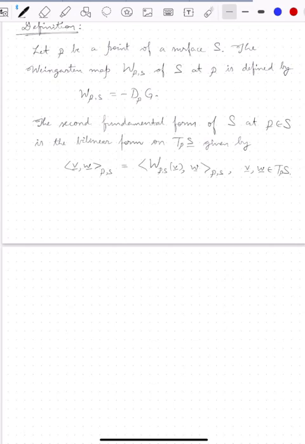So this is the important definition here, equal to the Weingarten map of S, which is the derivative of the Gauss map, and since it maps from any vector on the tangent plane, it is valid in that sense.